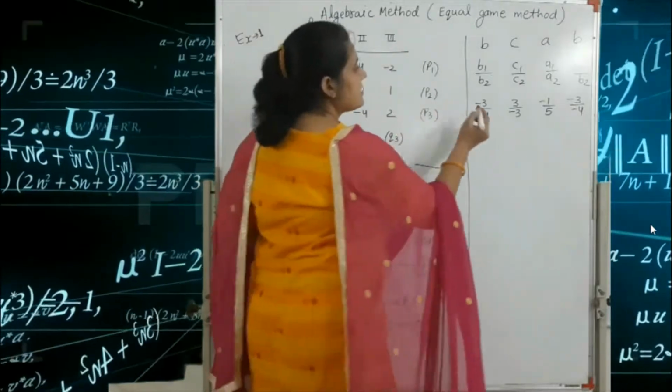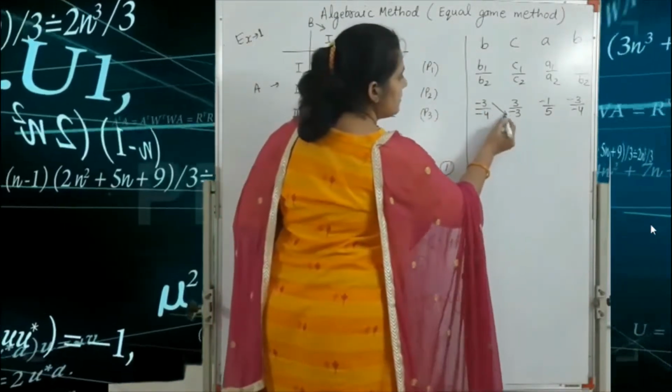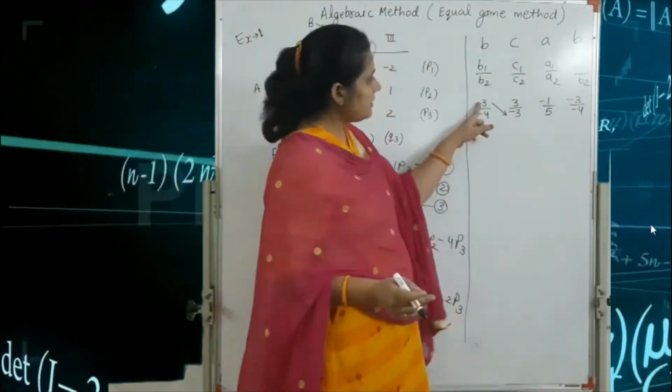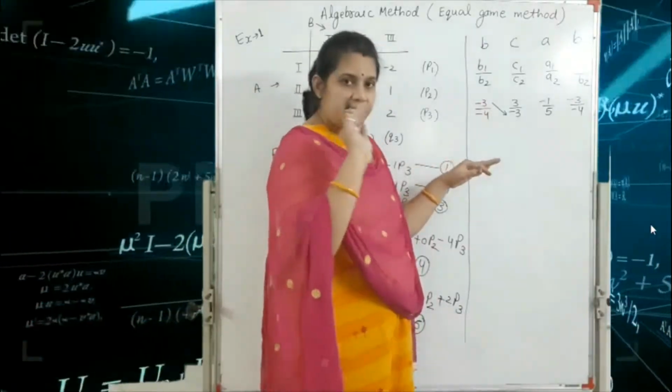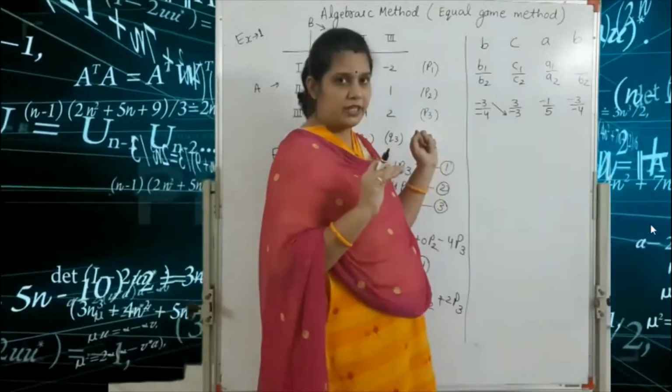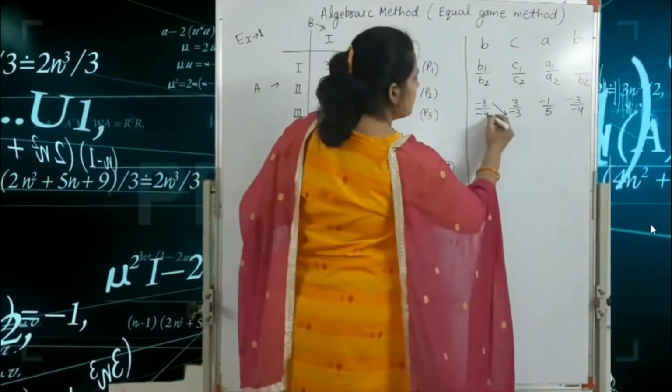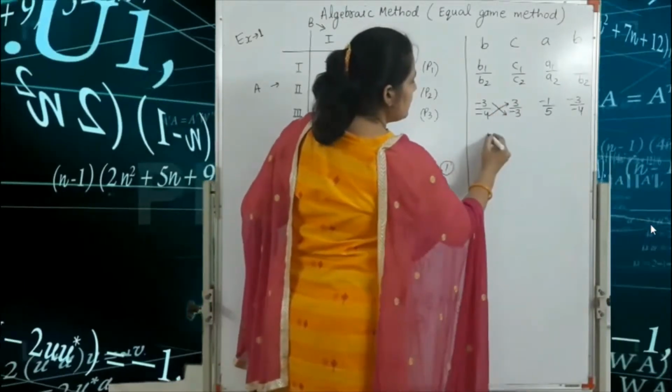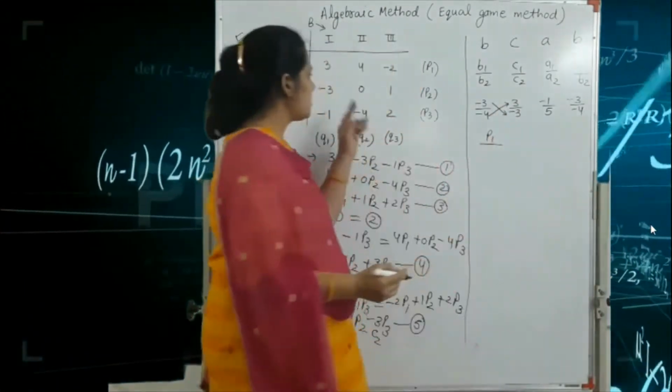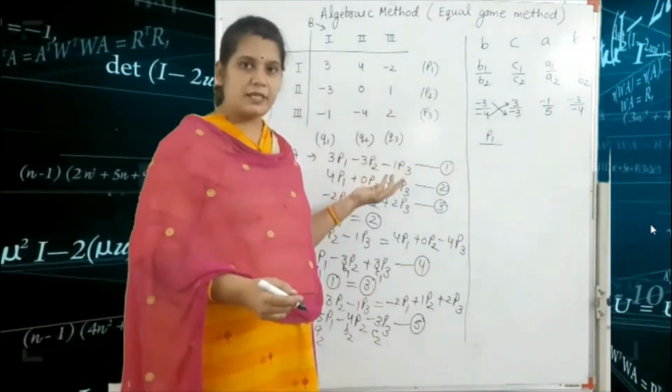Okay, so next step is what? Next step, you multiply minus 3 into minus 3, minus 4 into 3, and we write here this term. Okay, so here we write P1, because we use P1, P2, P3 for finding the equation.